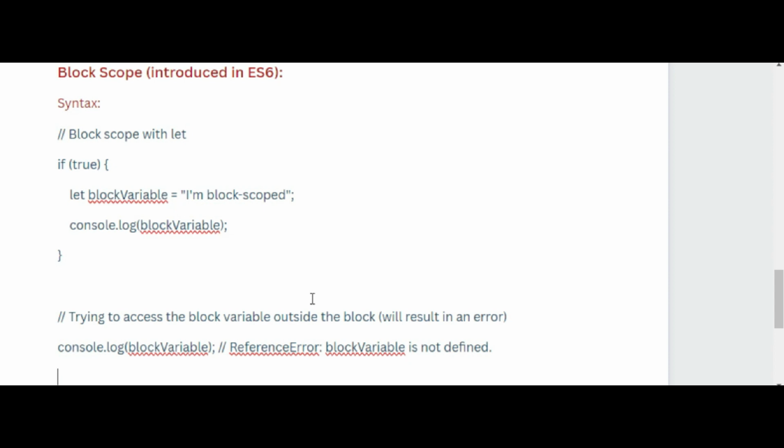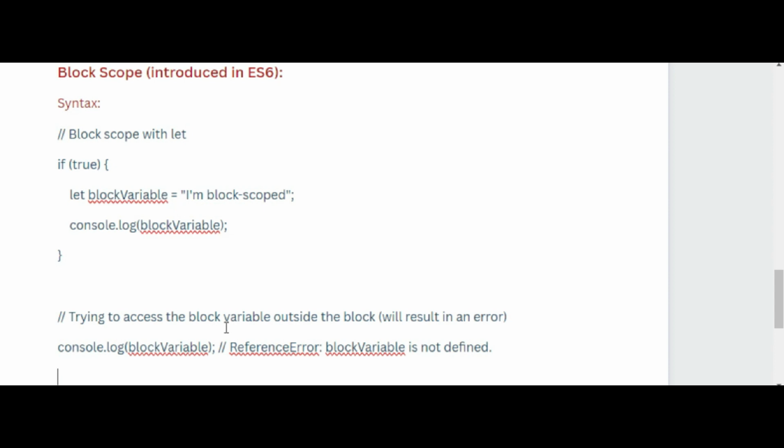So this is the syntax part, and I'm going to explain what is going on. The block variable is declared inside the if block, giving it block scope, and attempting to access the block variable outside the block results in a reference error, right?